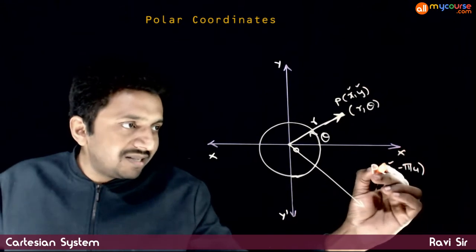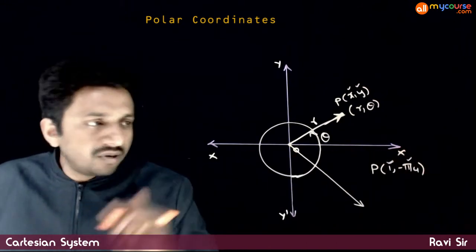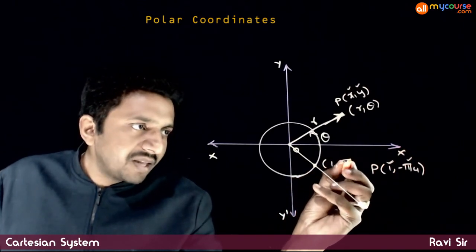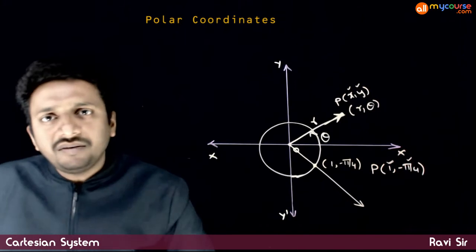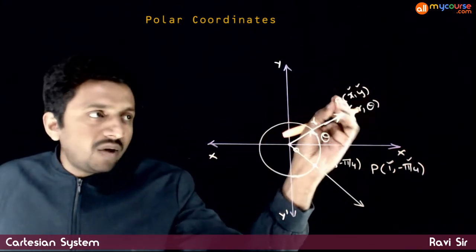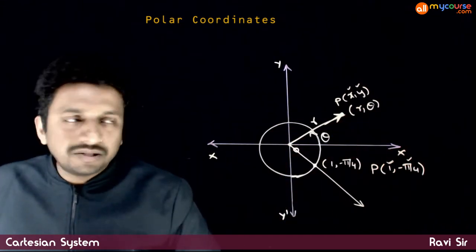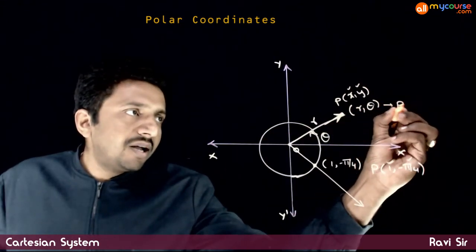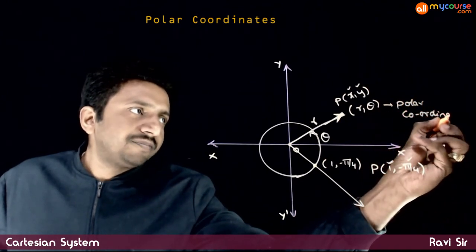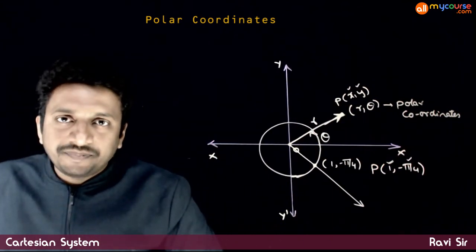So the required point is 1 comma minus pi by 4. So instead of x and y, we can represent the points using r comma theta also, and these coordinates are called polar coordinates of the point.